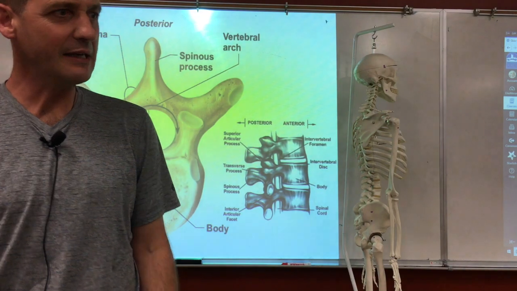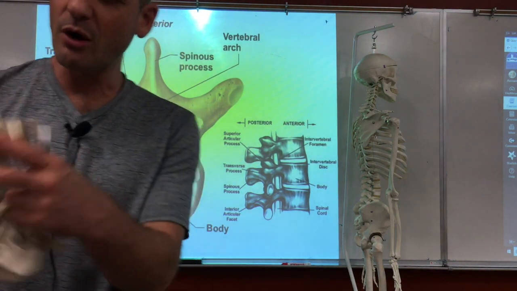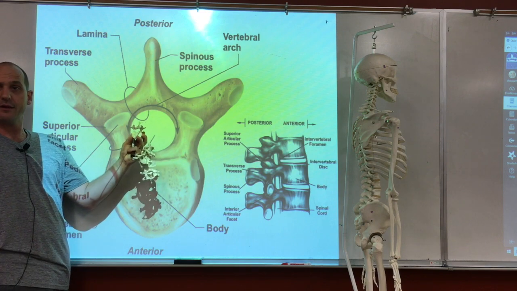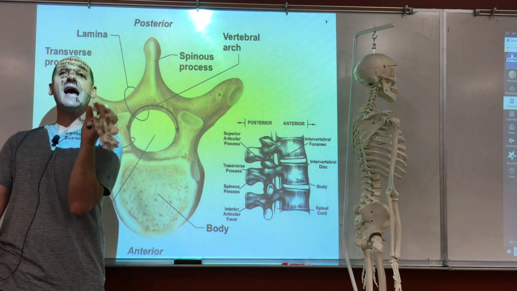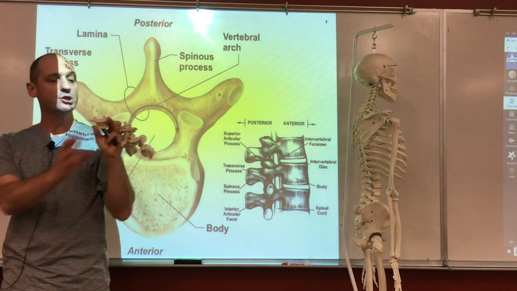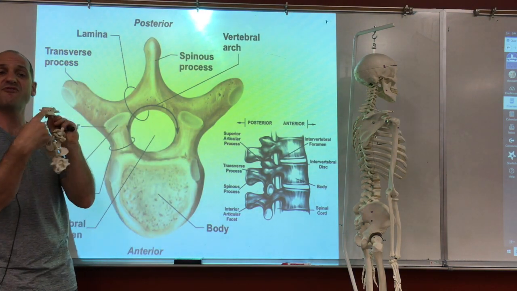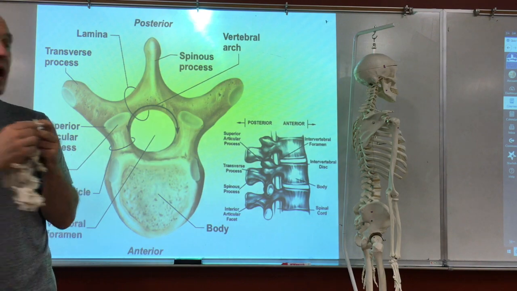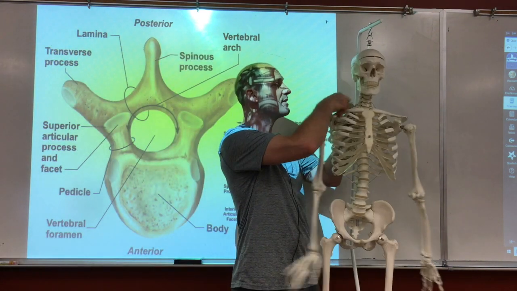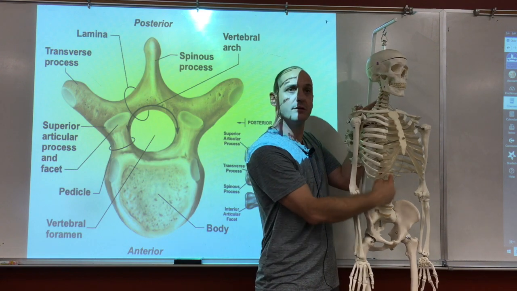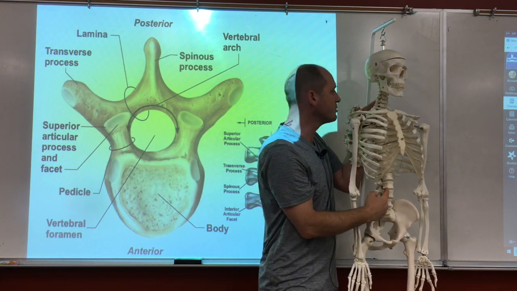So the vertebra in the picture looks like that; in the spine it is like that. All right, so the body is the piece in the front of the spine. When we get to muscles, some attach in the front of the spine, especially down here.